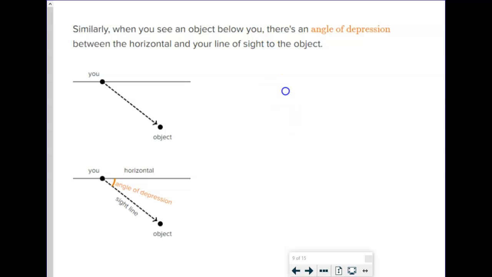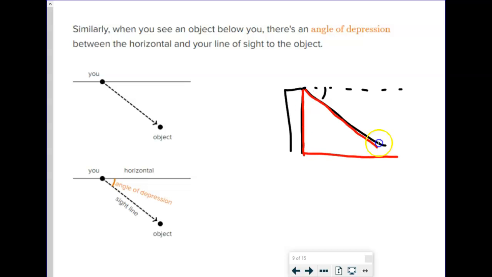Everybody's favorite question. Somebody's at the top of a building. That's a building. And the angle of depression, when they look down at something, is actually this angle right here. So in geometry and in trig and in algebra 2, you had a lot of these questions where they really wanted you to look at this triangle.